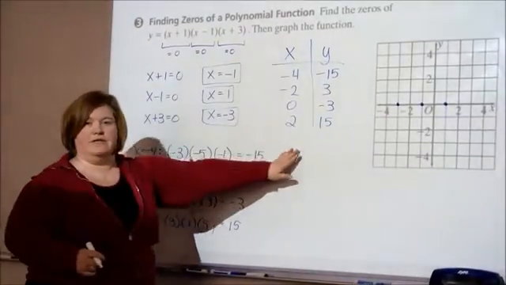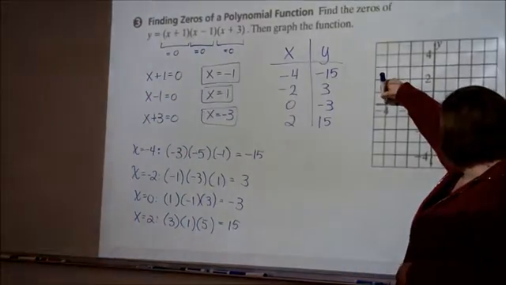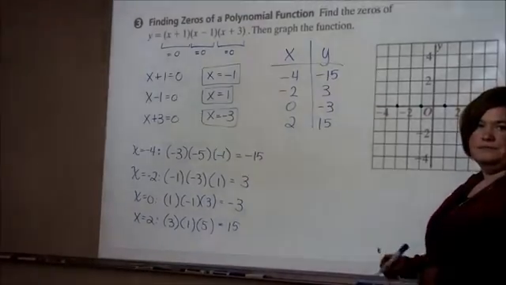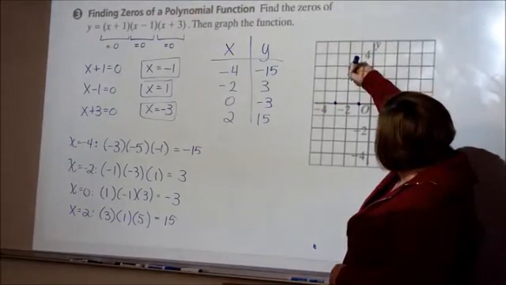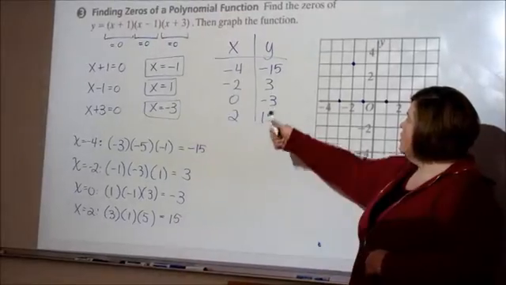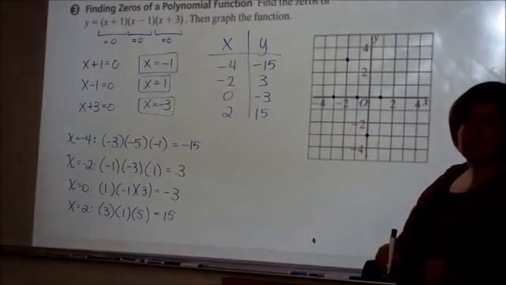And now we just graph these points. So when x was -4, y is -15. It's somewhere way down here, right? When x was -2, y was 3. When x is 0, y is -3.